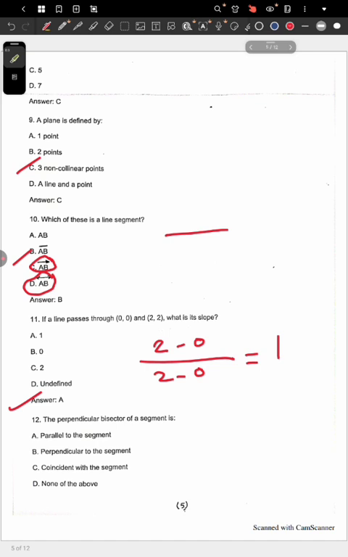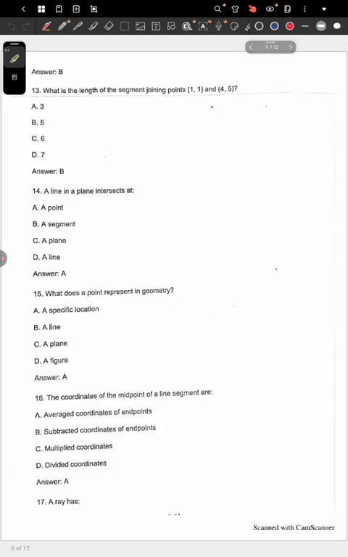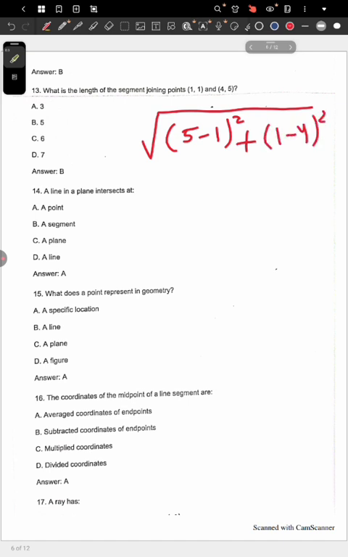That's right. Number 13: what is the length of the join between 2 points? The length of the line segment: 5 minus y squared, you can start from x, 1 minus 4 squared. Then the result is 5.